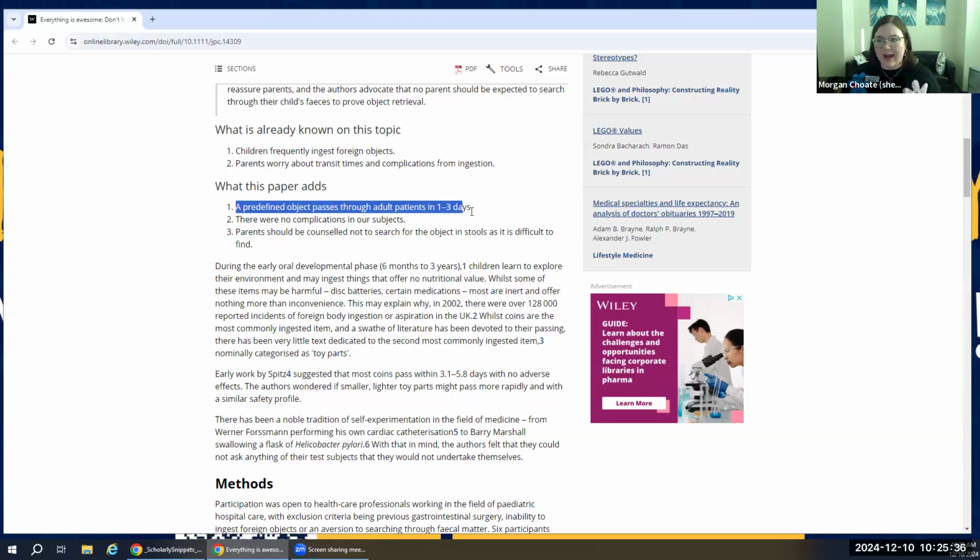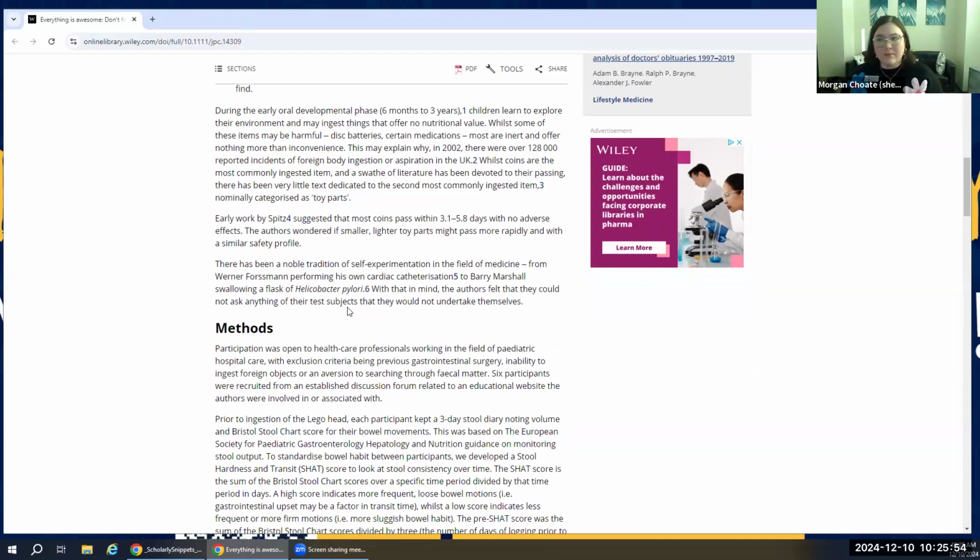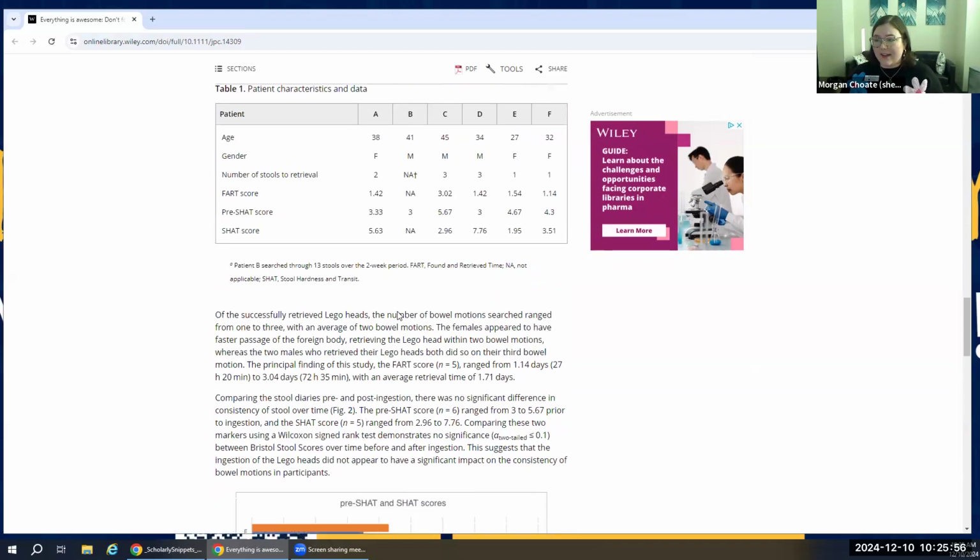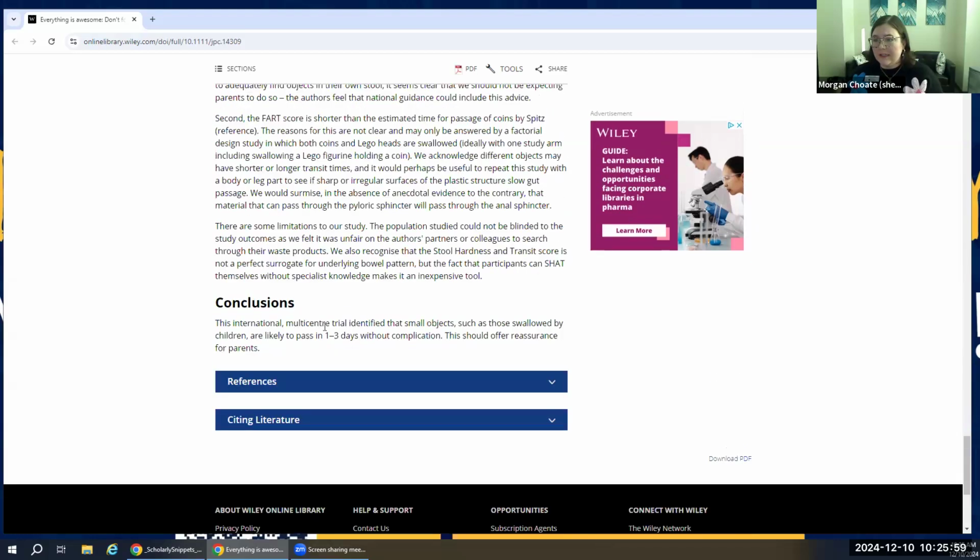And maybe rewording it as, our sample had an average passing time between 1 to 3 days, and just really focusing on our sample did this. These sweeping generalizations about the population aren't super appropriate with their sampling method and sample size. But the conclusions that they made were good. And overall, it does serve as a form of reassurance for parents that, on average of these 6 professionals, 1 to 3 days tended to be how long you had to wait for it to pass.